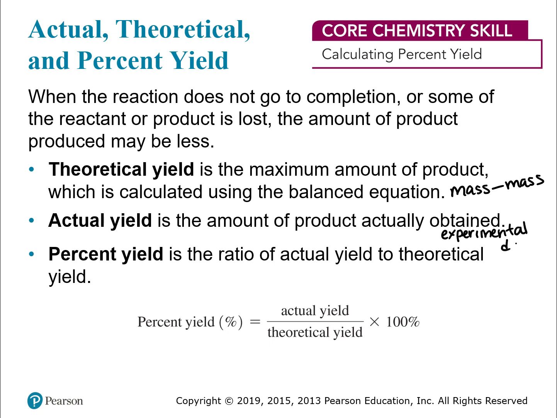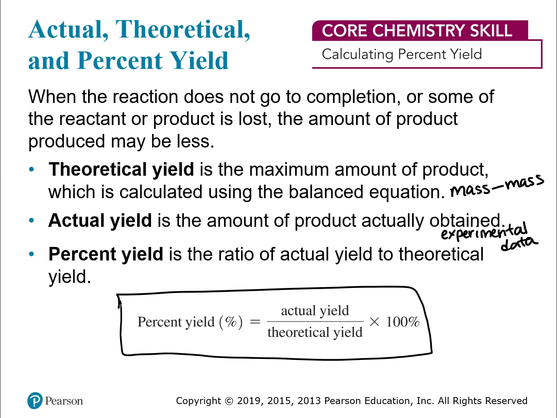That's experimental data, which you're not going to do. So that'll always be provided to you. The percent yield is the ratio of these two things, the actual and theoretical yield. So this is the equation you need to know. Actual yield divided by theoretical yield times 100%.